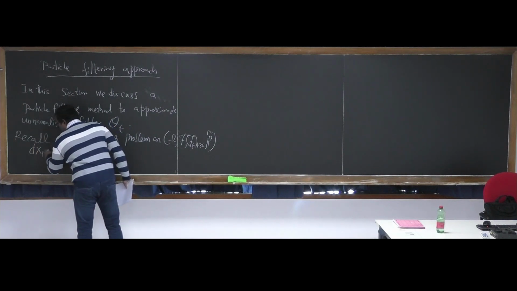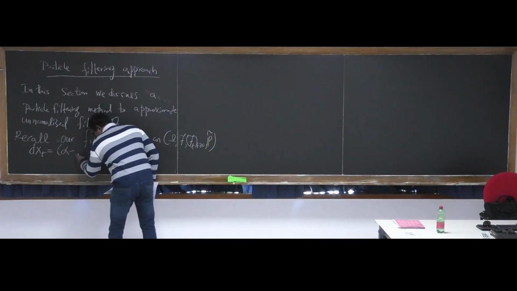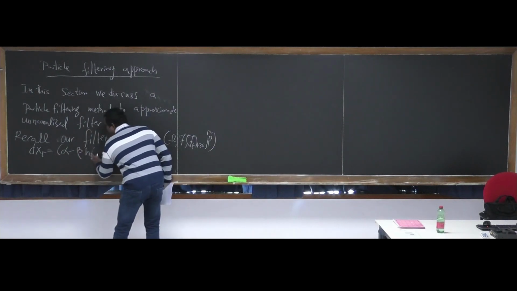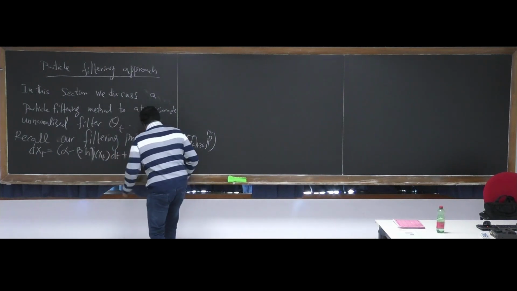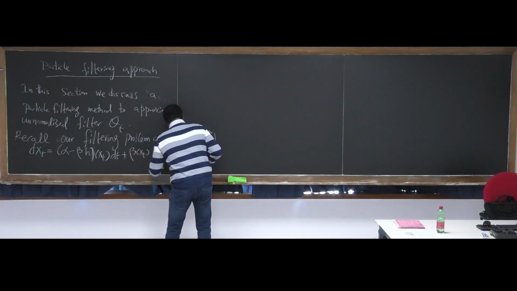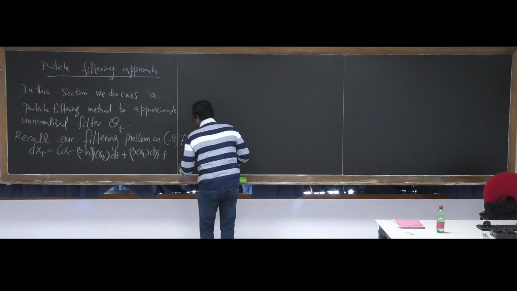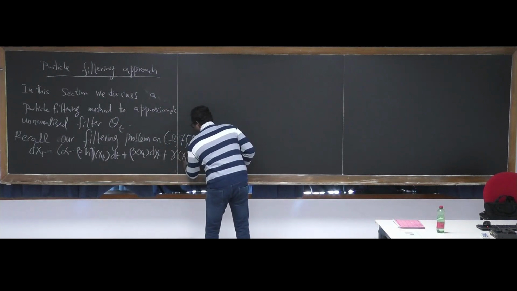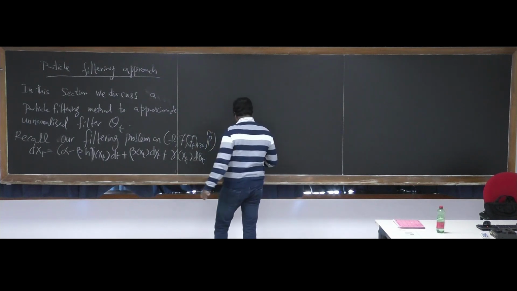So this is our signal process, dXt equals alpha minus beta h of Xt dt plus beta of Xt dYt plus gamma of Xt dBt, right?